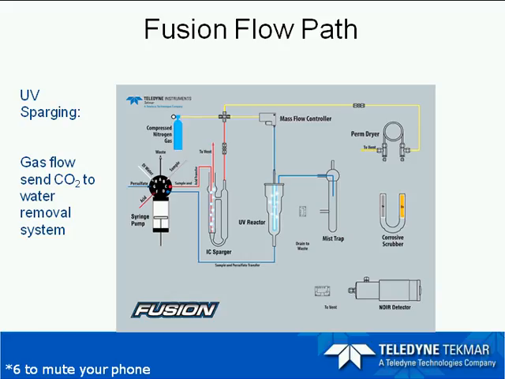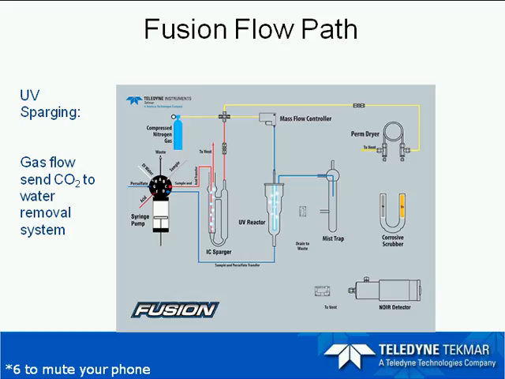Once it hits the glass of the mist trap, the water vapor condenses out and collects in the bottom of the mist trap. And a nice feature with the mist trap, as you'll see later, is that it has an auto draining or auto rinsing capability at the end of each replicate and at the end of each sample.